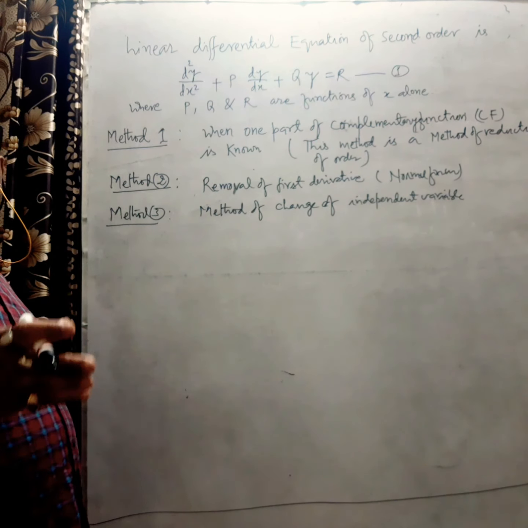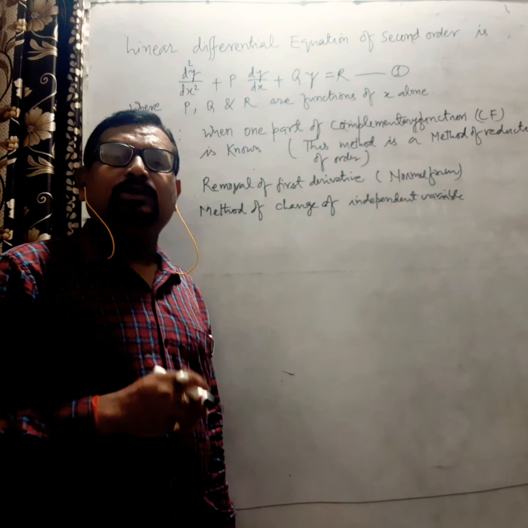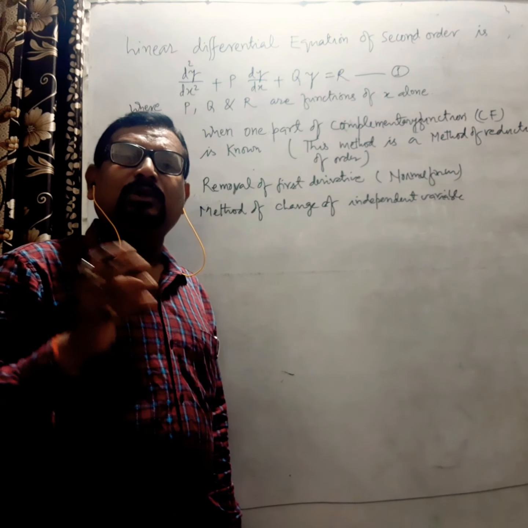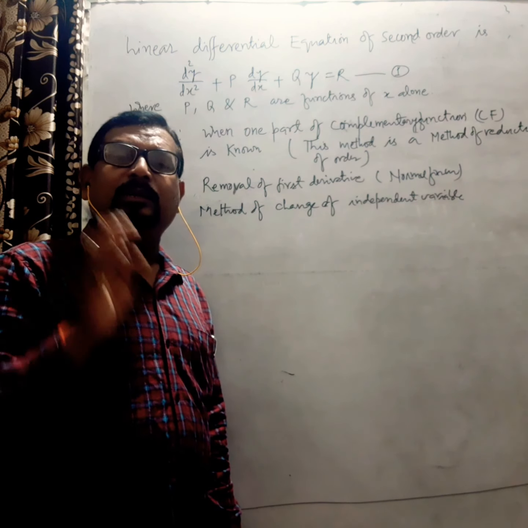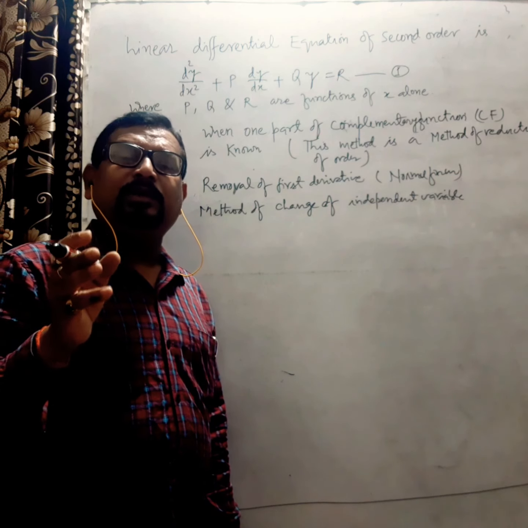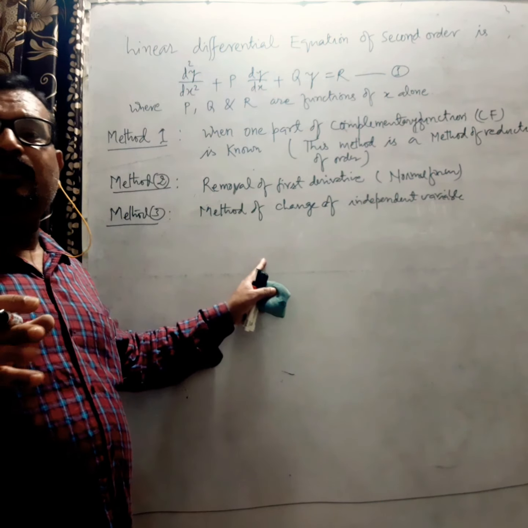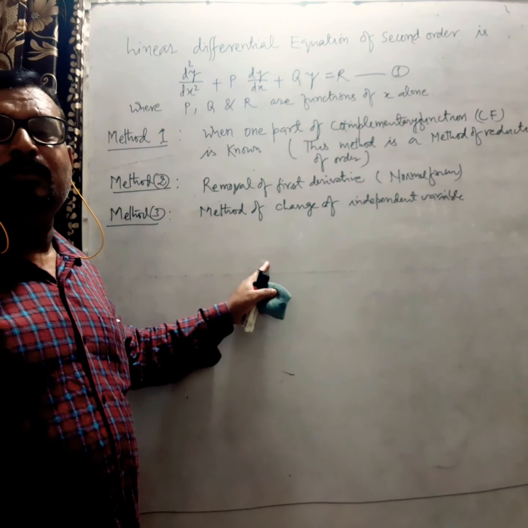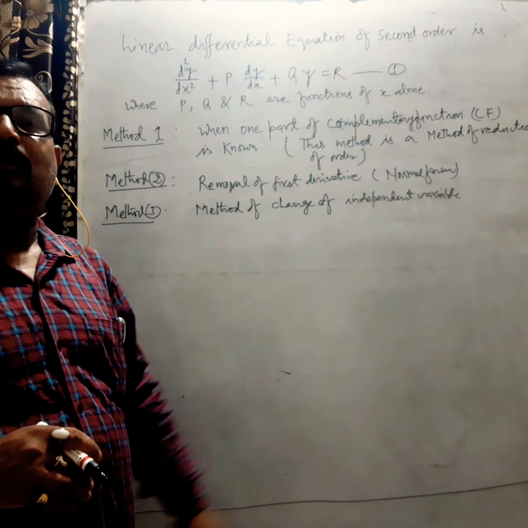You know well, when you are given a differential equation in terms of x and y, x is known as the independent variable and y is known as the dependent variable. This method is useful when we change x to another new variable z, and that's why it is known as change of independent variable.